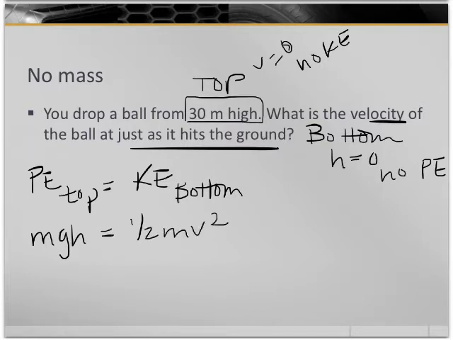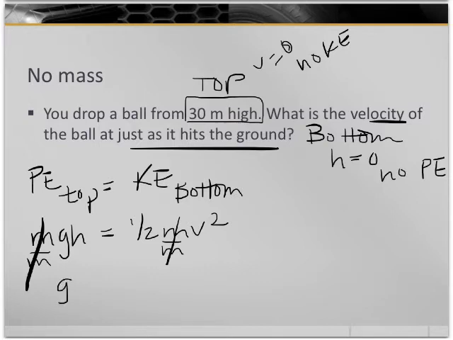Now you'll see there's a mass on both sides. If, say, I wanted to rearrange things and I needed to find velocity, I'd need to move mass over. If I divide this side by mass, I also have to divide the other side by mass, so the masses cancel out. Okay?